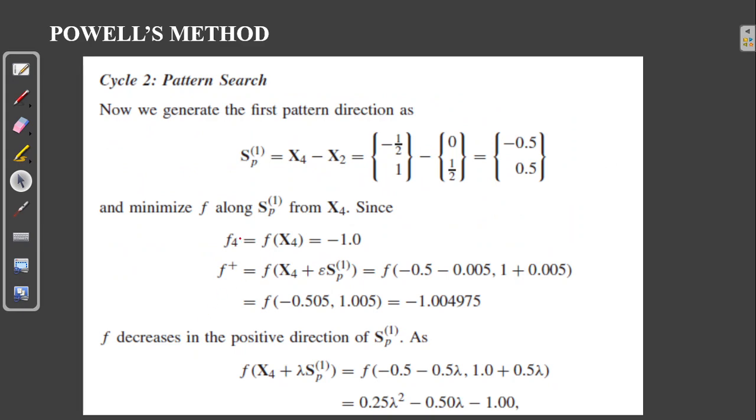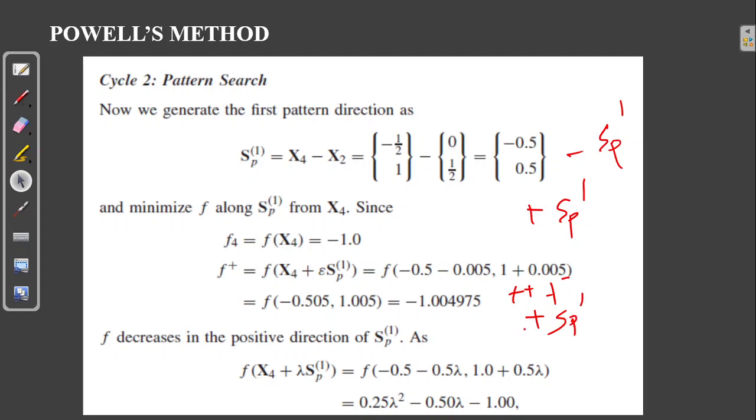We have found sp1 and f4, then we found f plus and f minus, in order to find out whether plus sp1 or minus sp1 is minimizing the objective function. It turns out that plus sp1, the positive direction of sp1, is minimizing the objective function.